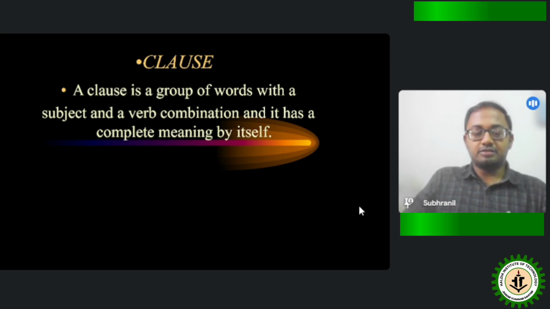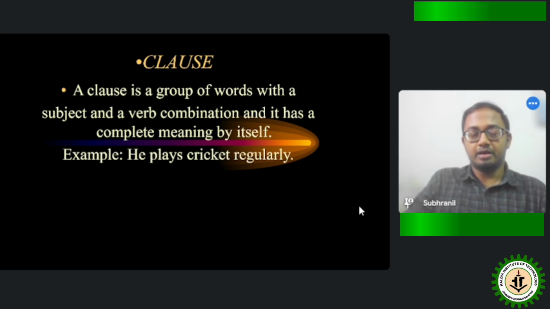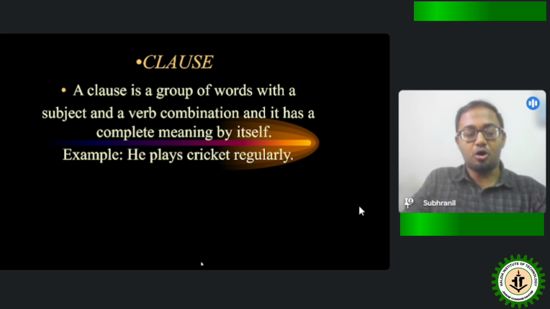Now, you can consider a simple sentence as a clause as well. For example, he plays cricket regularly. Now, is this a clause? For this, we have to check whether it satisfies all the three conditions that we just discussed.